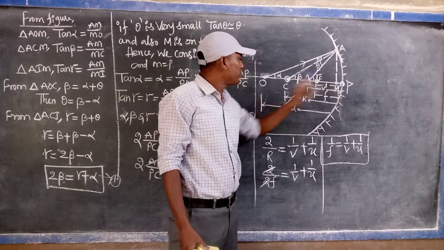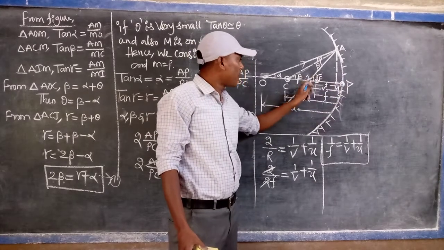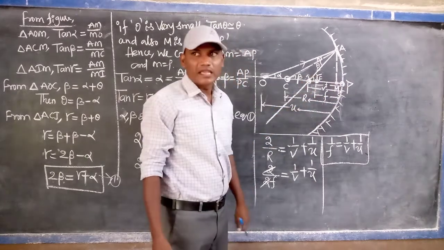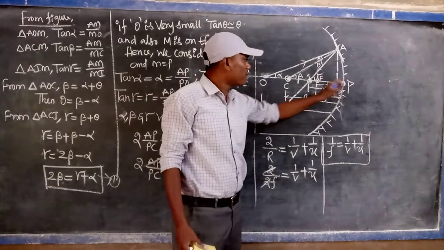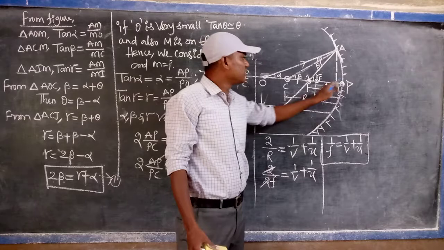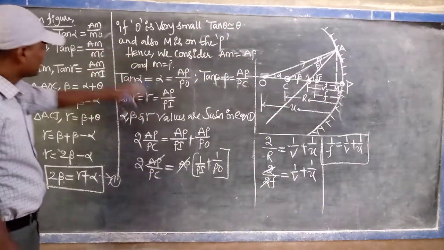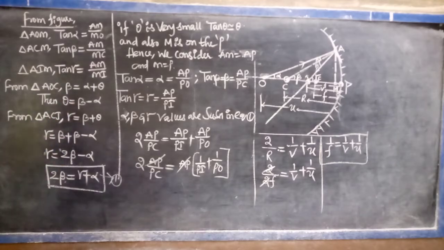The distance from P to O is the object distance. The distance from P to I is the image distance. The distance from P to C is the radius of curvature. The distance from P to F is the focal length. And everyone knows this very clearly.